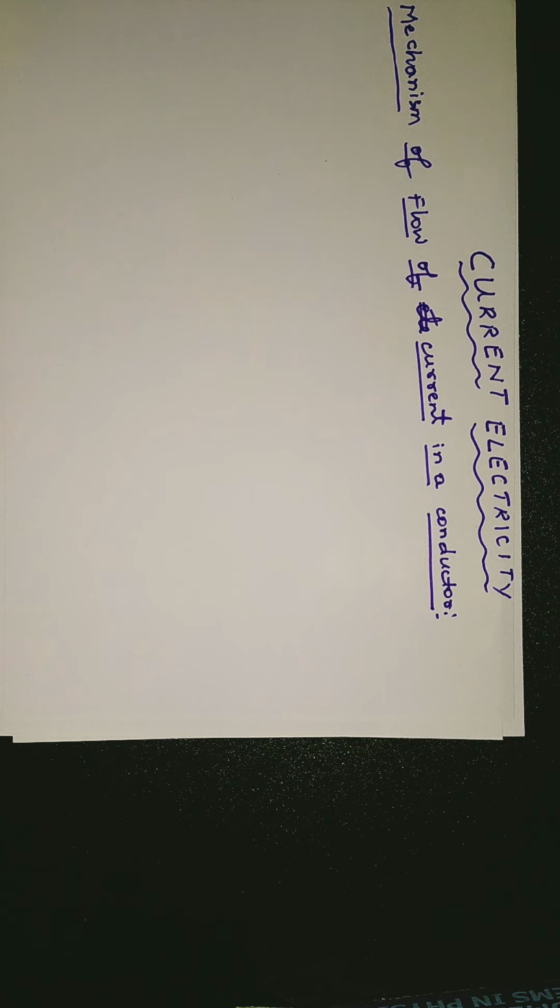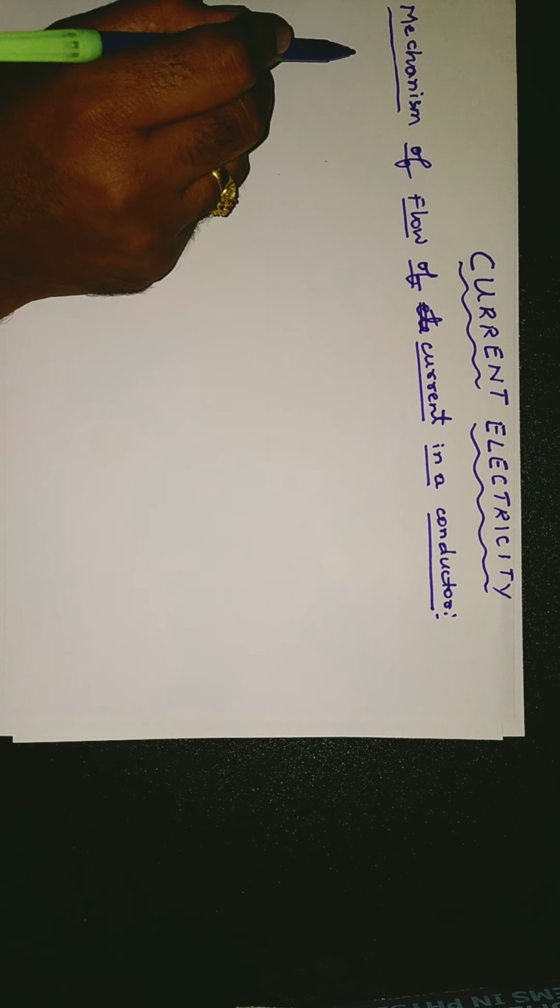Today we will start our discussion with the understanding of the mechanism of flow of current in a conductor. See, any conductor will have electrons as free charge carriers. These free electrons will be randomly moving in all possible directions in a conductor.